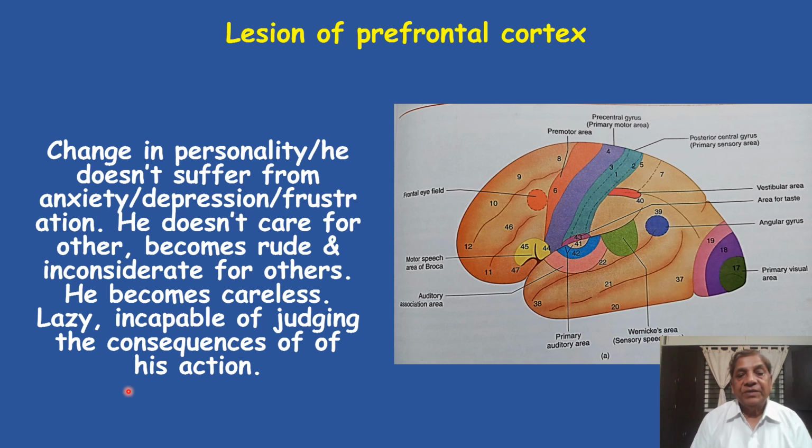Then he doesn't understand what will be the consequences of his action. That means if I do not study properly for my exam, I am going to fail. That judgment a normal individual has. But this kind of judgment, what will happen after this particular action, he is unable to calculate beforehand. That means he does not have foresightedness.